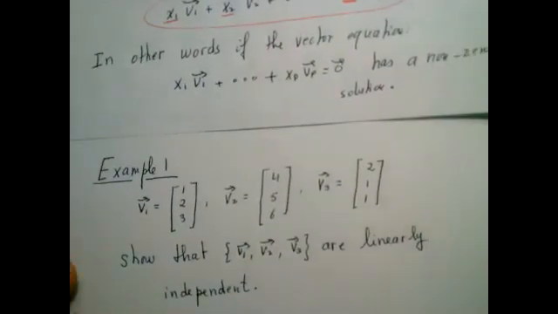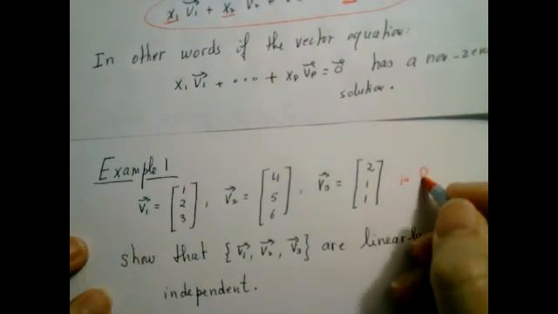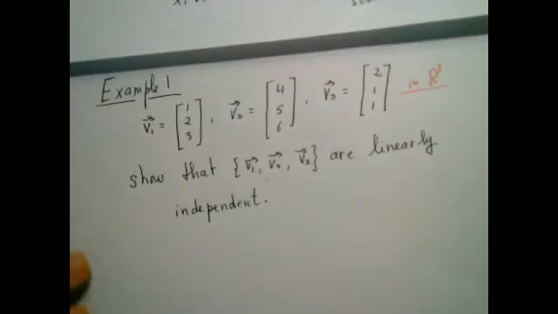Okay, so my first example is, these are 3 vectors in R3. And the question is, show that they are linearly independent. So what does it mean, show that they are linearly independent?